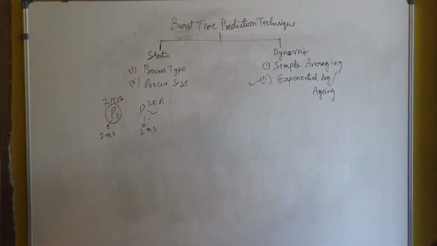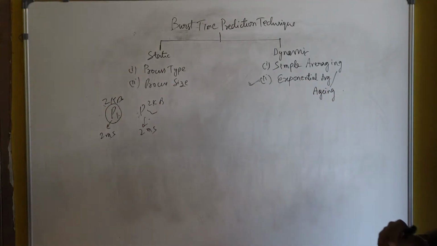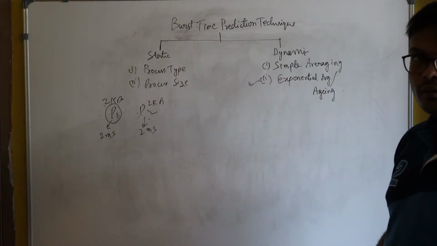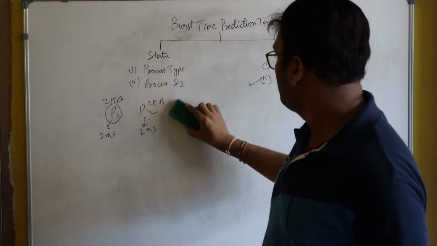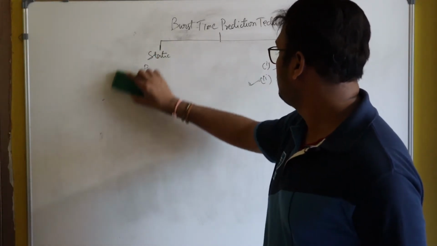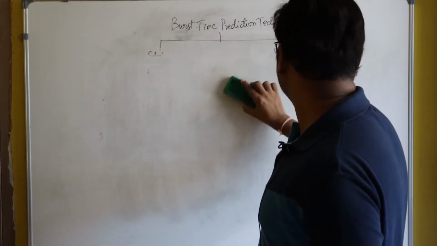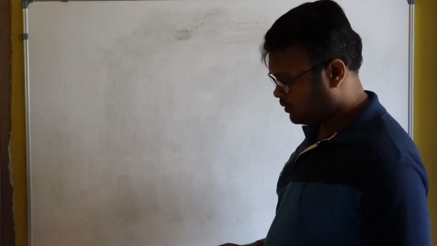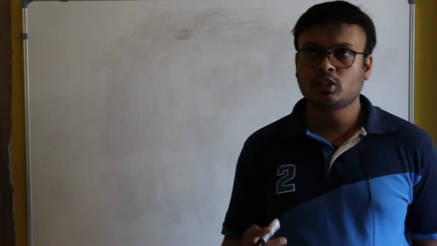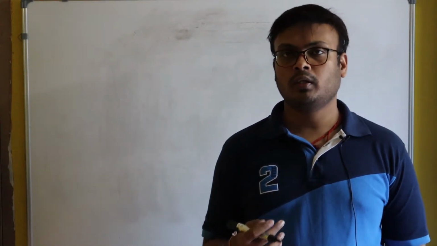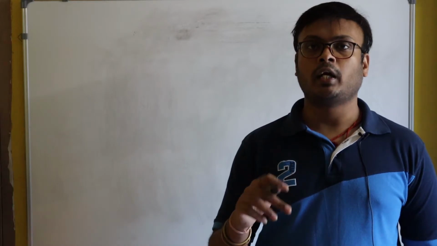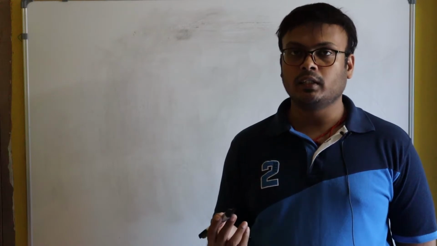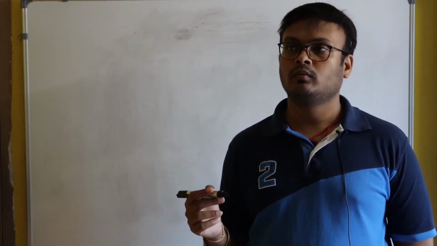So let's come to exponential averaging. It's very important. Here we guess some burst time, and based on the previous burst time and our guess, we calculate the new burst time.